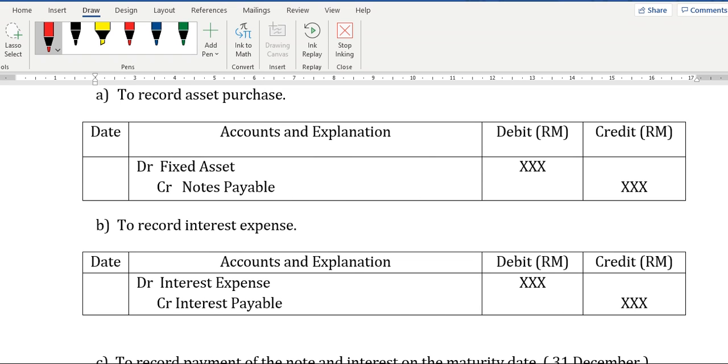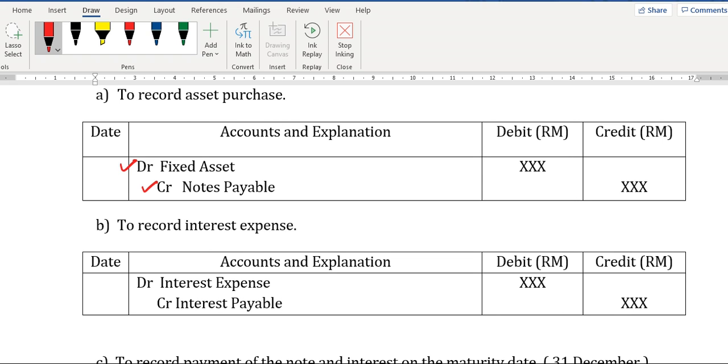So since we are issuing the notes payable to purchase a fixed asset, we are going to debit fixed asset and credit the notes payable, because as we all know, the purpose of issuing the long-term notes payable is to accommodate the purchase of the fixed asset.